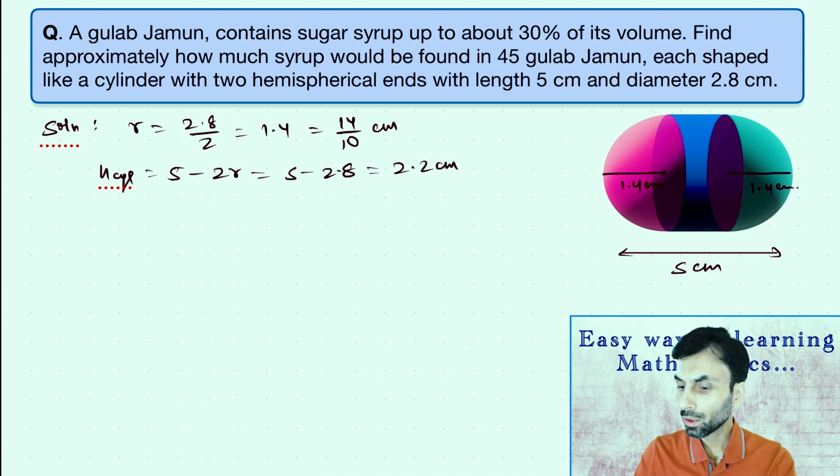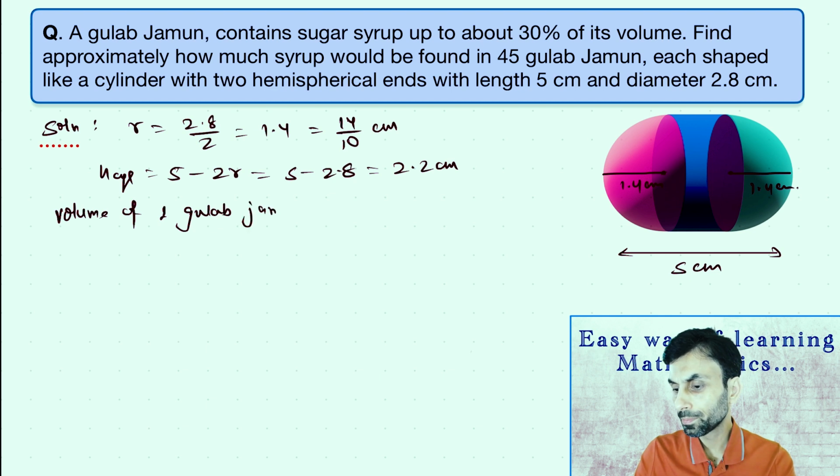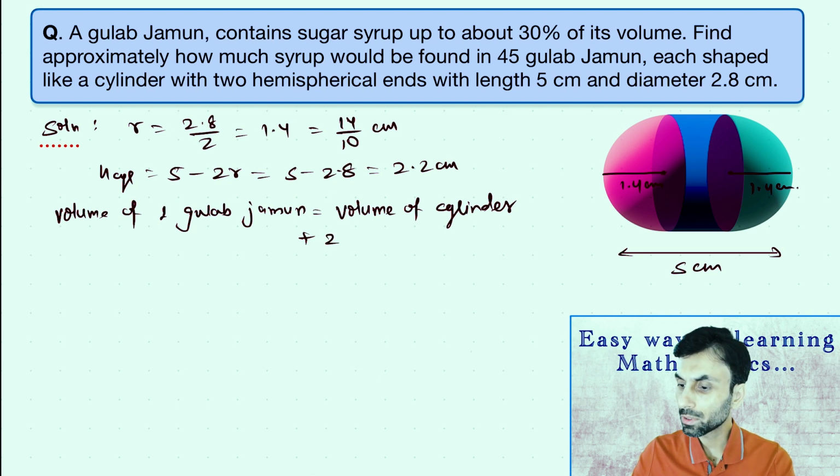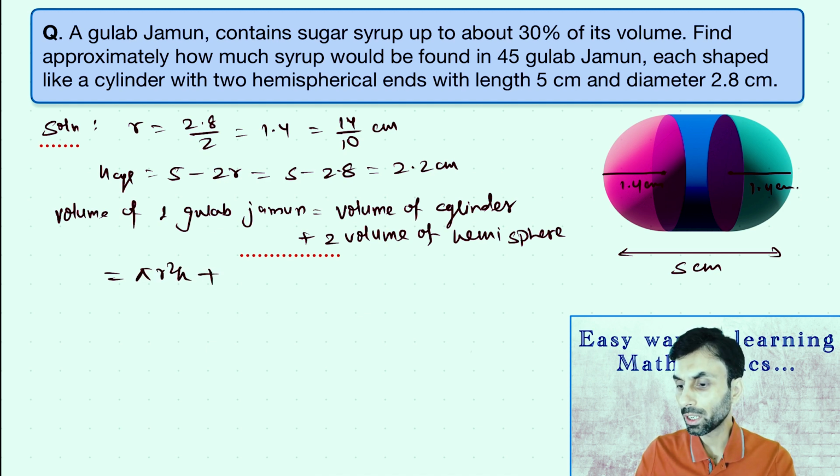So here, volume of 1 gulab jamun is equal to volume of cylinder plus 2 times volume of hemisphere, which will be volume of cylinder is pi r square h plus 2 into volume of hemisphere is 2 by 3 pi r cube.